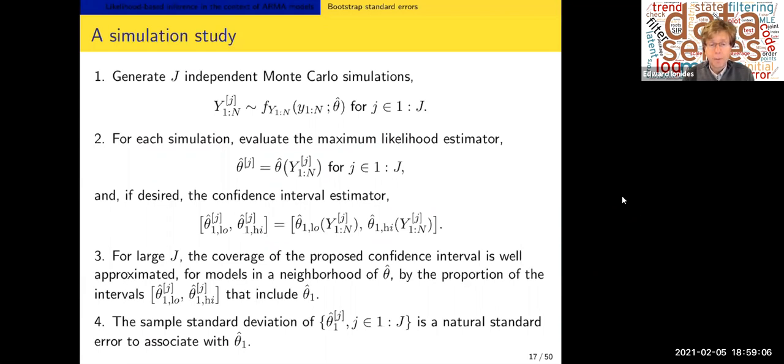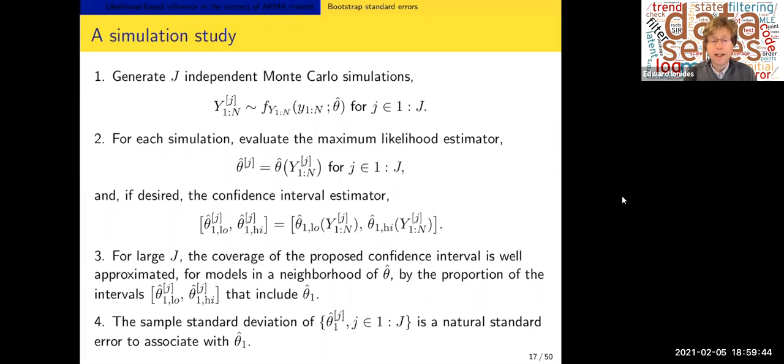And so we generate this interval somehow or other by profile or by Fisher information, for example, and we get some interval theta 1 low to theta 1 high, and it probably has some nominal coverage by design, but we can test the coverage of that by just looking at the proportion of the simulated intervals that include the parameter that's known in the simulation study.